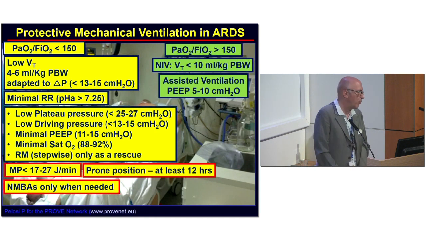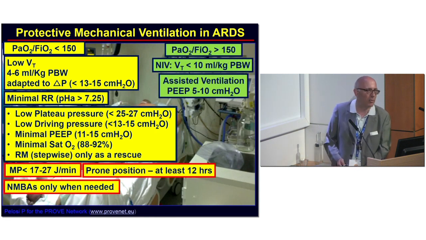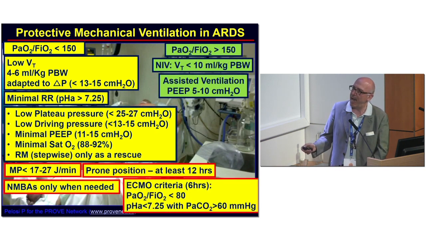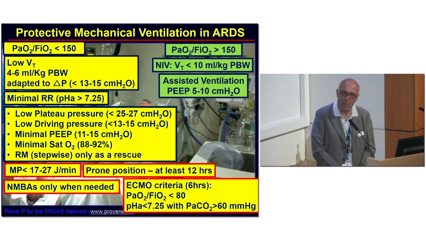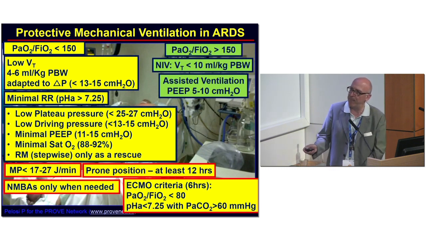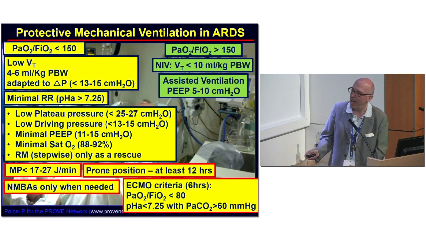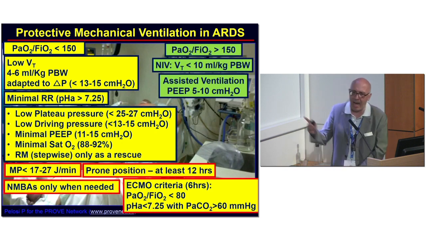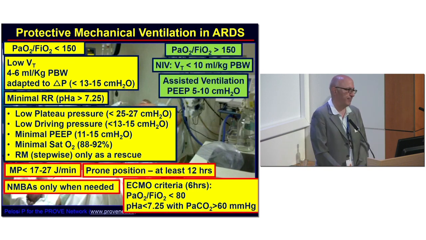Very often in prone position we need them with increased sedation, but we try to reduce as much as possible, especially from the last study. And ECMO, if 6 hours with PO2 ratio less than 80, mechanical power above 27, and or pH below 7.25, or PaCO2 higher than 60. So this is how we treat RDS.